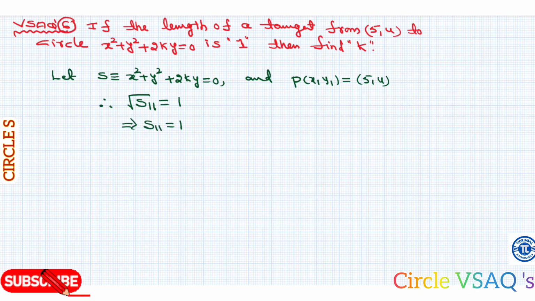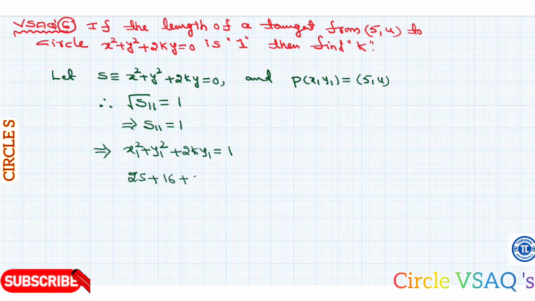Now write the notation of S11 for the given circle S = 0, that is x1² + y1² + 2k y1 equal to 1, the right side value given. Now substitute x1 and y1 values here. 5² is 25, plus 4² is 16, plus 2k into y1 is 4, equal to 1.